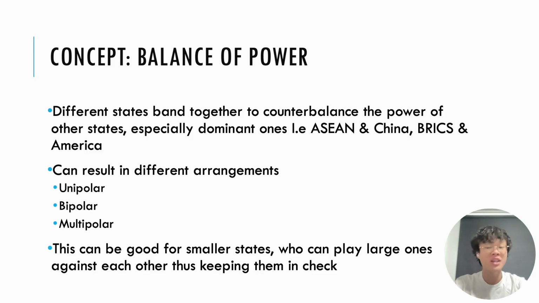Okay, so that's realism. Just to recap what we've talked about so far, realism is, in my view, the most straightforward. This is not the official academic view, but in my view, it's the most straightforward theory of international relations. It just states that states are rational actors which maximize their self-interest. It points out that in many cases, states are obsessed with security and with ensuring their own survival because survival is a prerequisite to everything else a state might do.